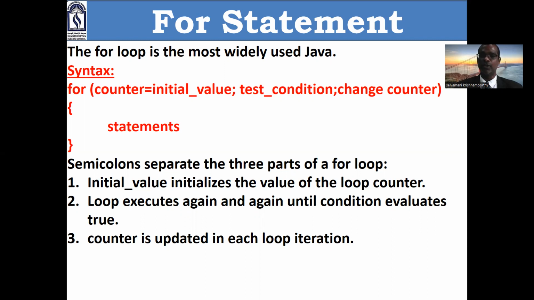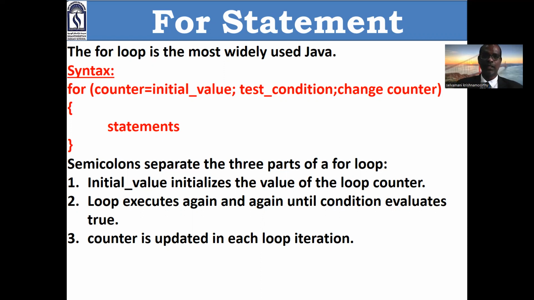Whereas in while, initialization comes first, then immediately the condition, then increment. In do while, first the initialization statement with increment, and at last the condition or expression. Here in for, initialization, condition, increment or decrement are all available in the same line, separated by semicolons.